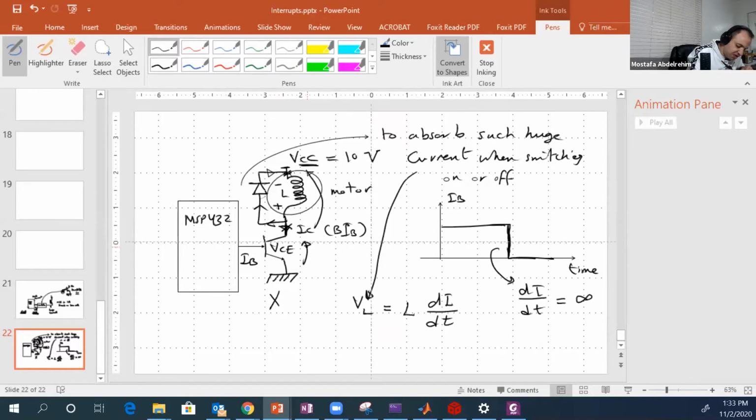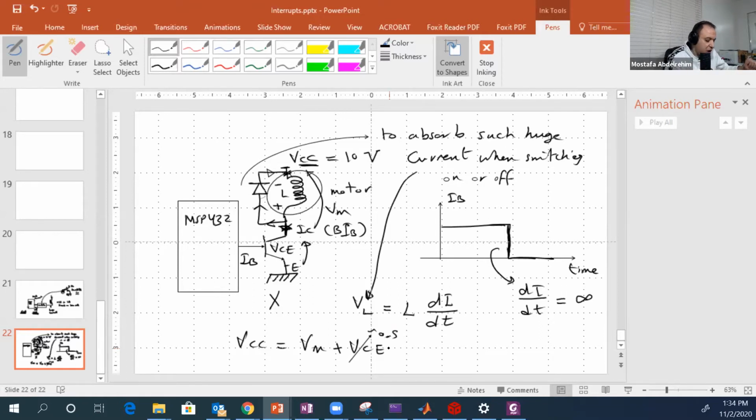This is called the VCE, the voltage between the collector and the emitter. So VCC is equal to V motor plus VCE. For the Darlington pair, this is around 0.5 volts. So you will lose around 0.5 volt out of your VCC, which is big.